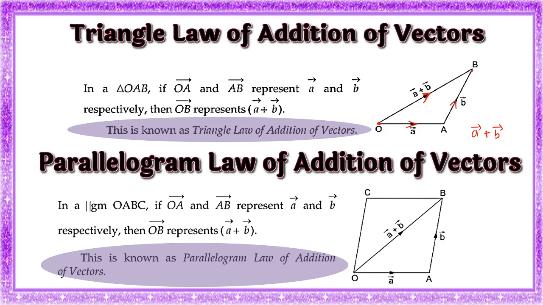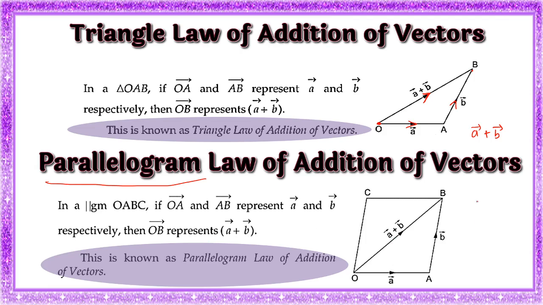We have one more law for addition, which is called the parallelogram law. What this law says: in a parallelogram OABC, if OA and AB represent A and B respectively, then OB represents vector A plus B, or their resultant.